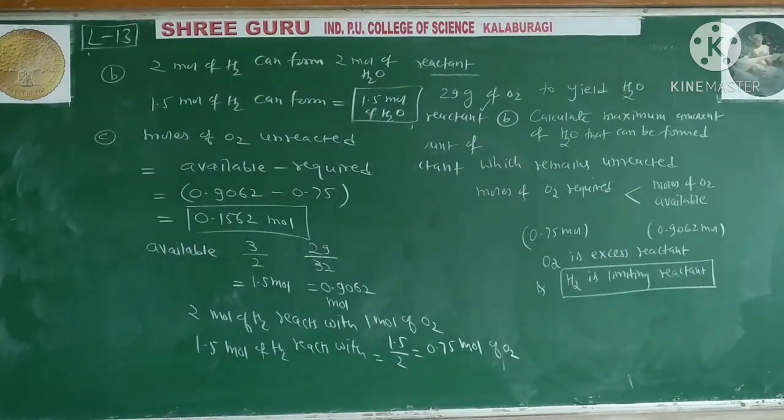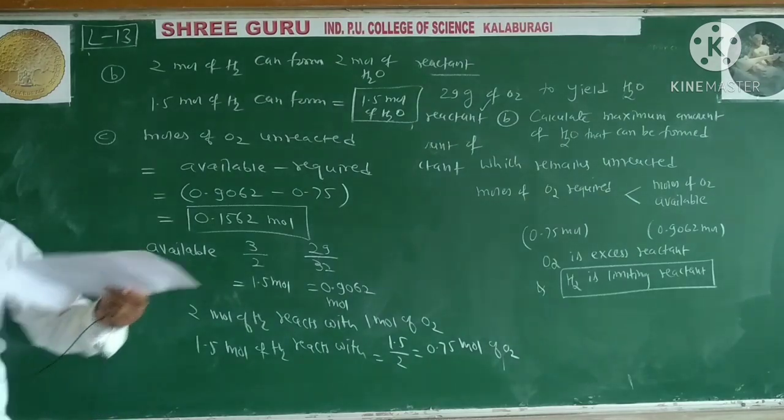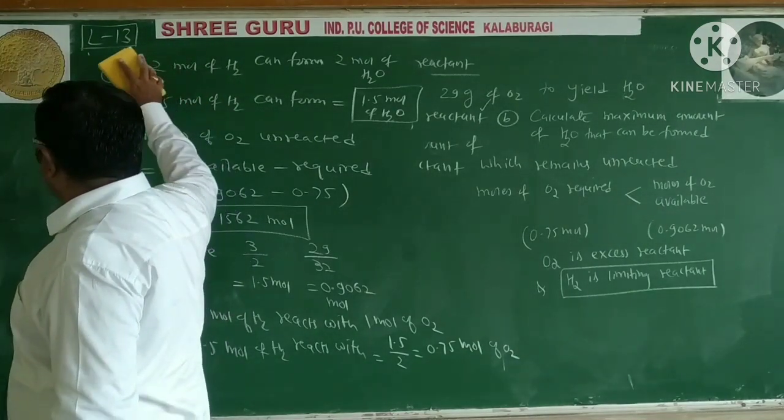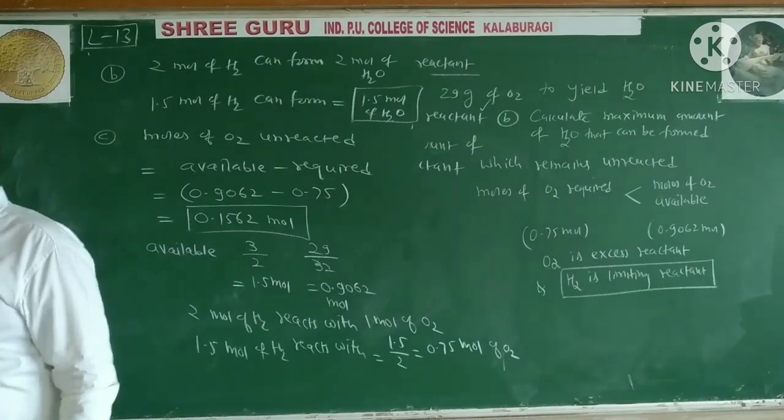So this is one question on the limiting reactant. We complete this. Pause the video and you can complete this. Two questions I will give you as homework. You have to compulsorily complete that homework.